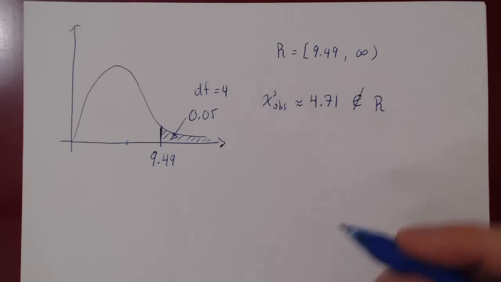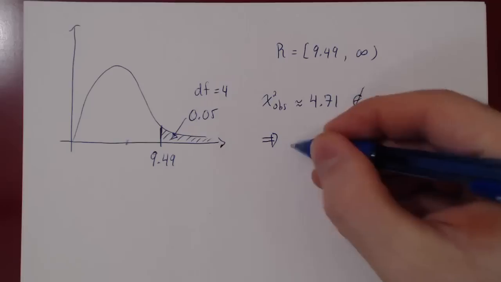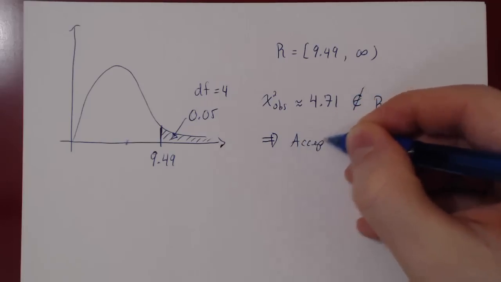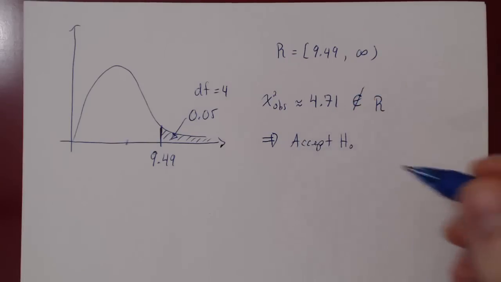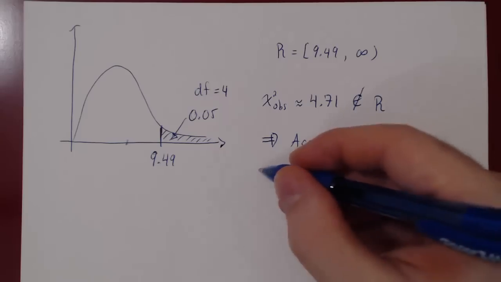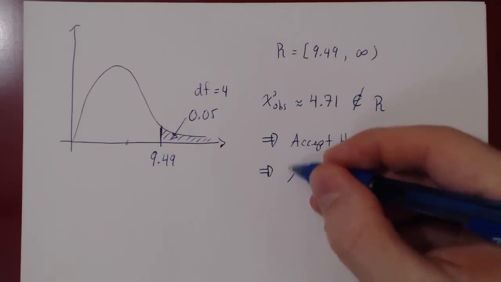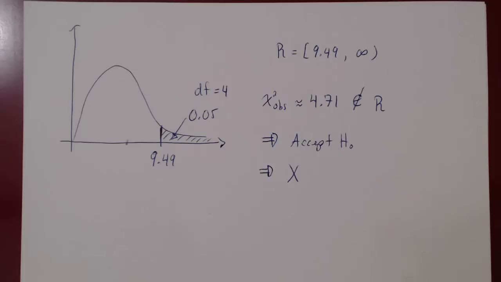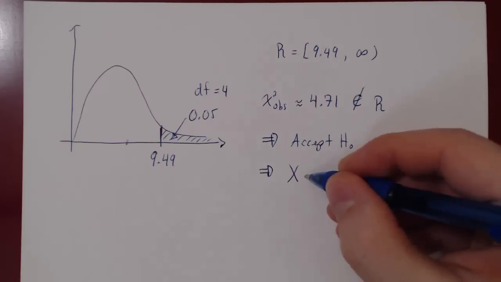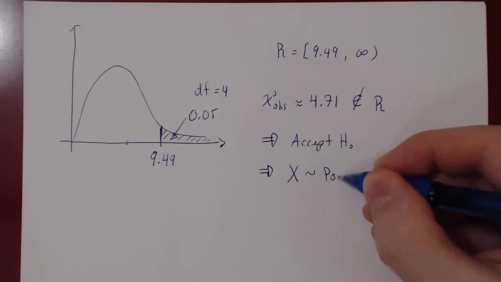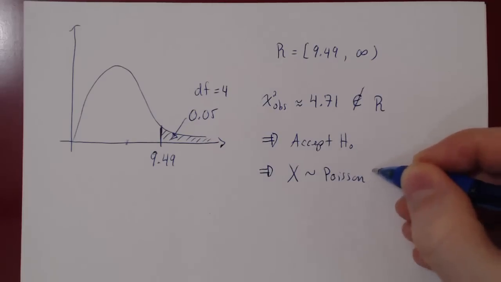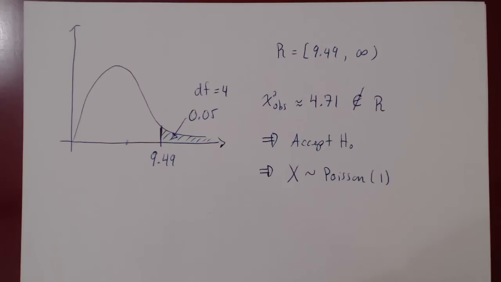Therefore, this supports H0, and so we accept H0. So we accept the claim that if X is the number of calls per hour received at this call center, then X does follow a Poisson distribution with a mean of 1 call per hour.